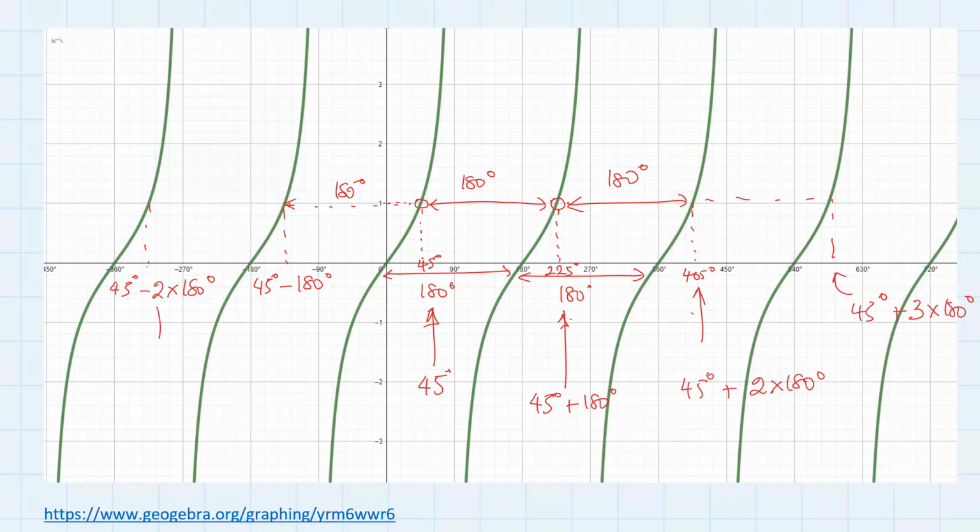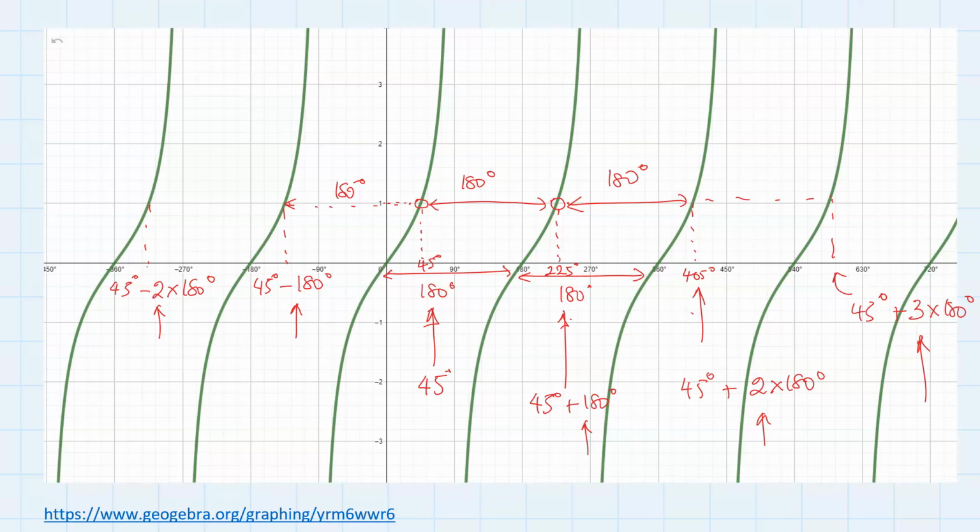If we look at these expressions that were written down for each of these formulas, we can see that each one of them has the 45 degree bit, which is that first solution that we found by punching in inverse tan of 1. And then from that, we can build and work out all of the other solutions.